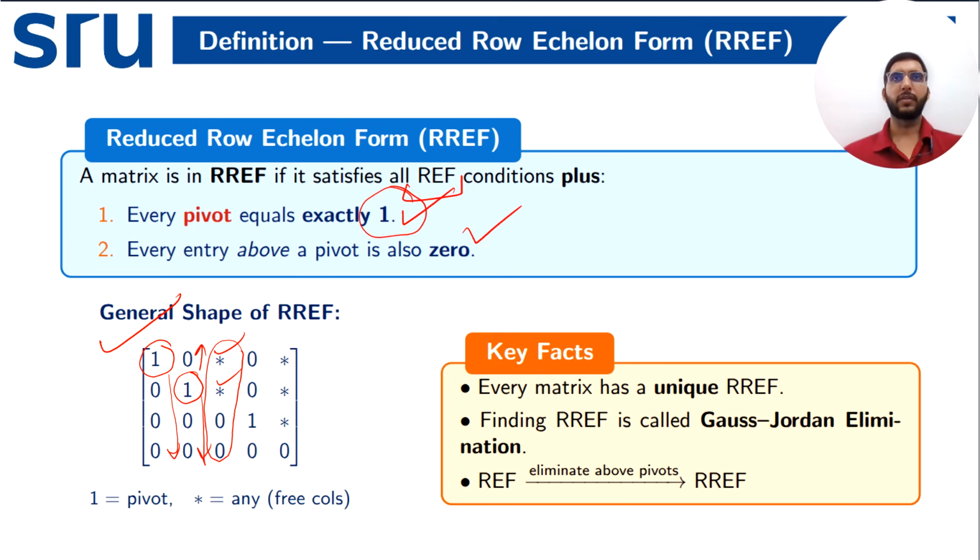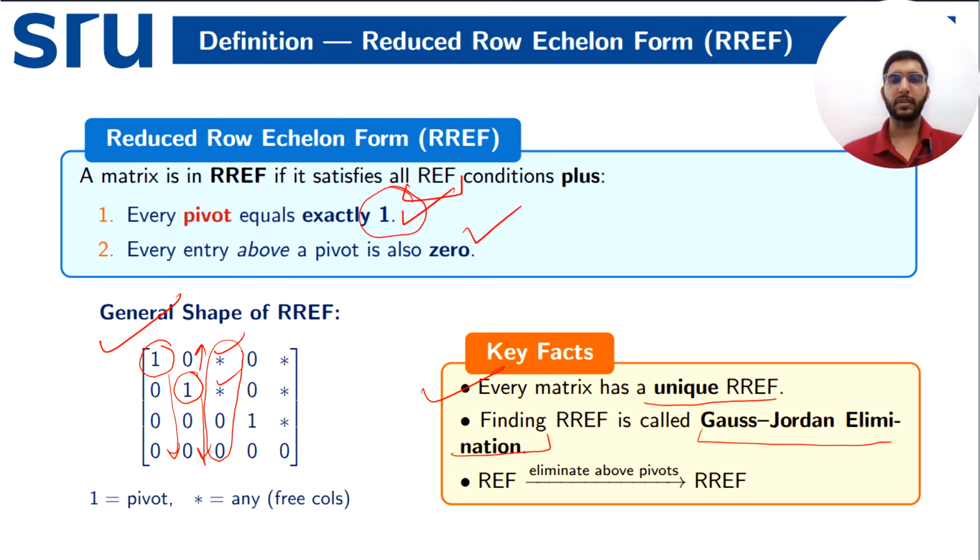Now an important property of RREF: every matrix has a unique RREF. Very important. The method used to reach RREF is called Gauss-Jordan elimination.